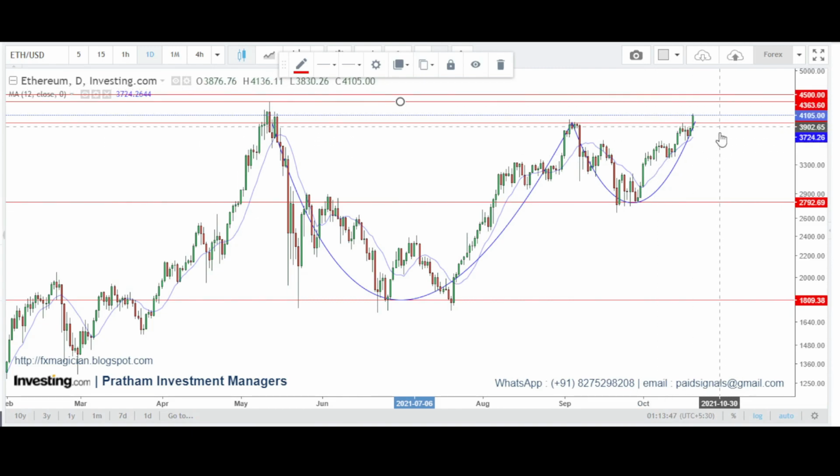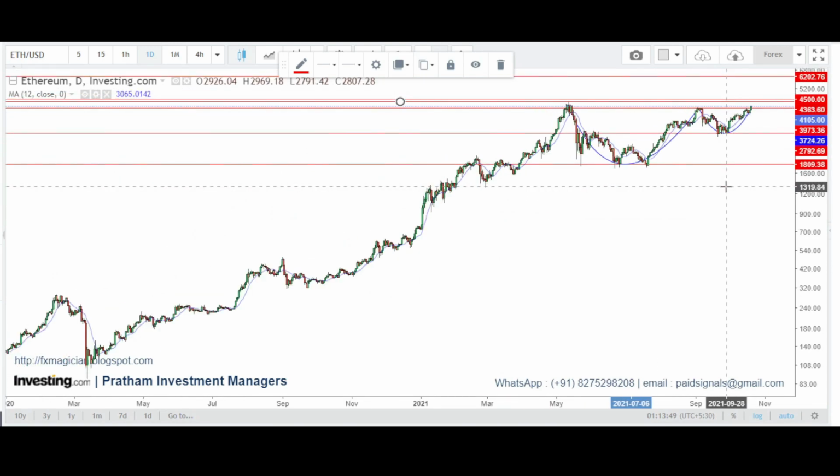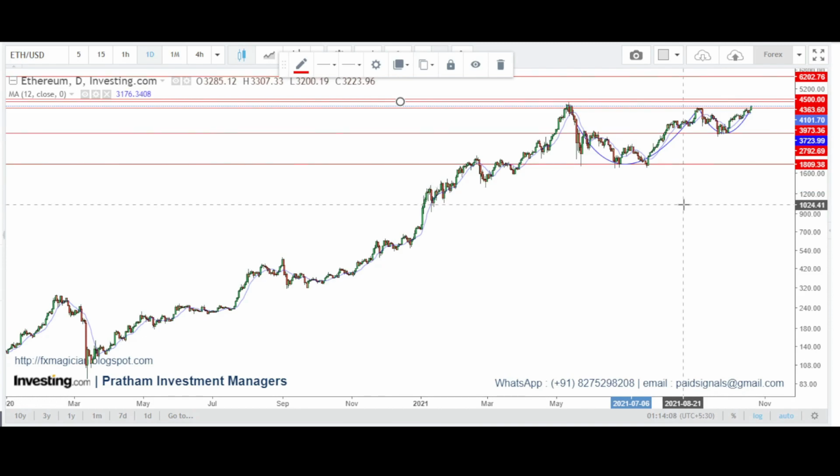The next target will be 4500, and above 4500 we will be looking at a target of 6200. So from the current area of 4100, I am looking at a target of 6200, which is approximately 50% higher from the current price.